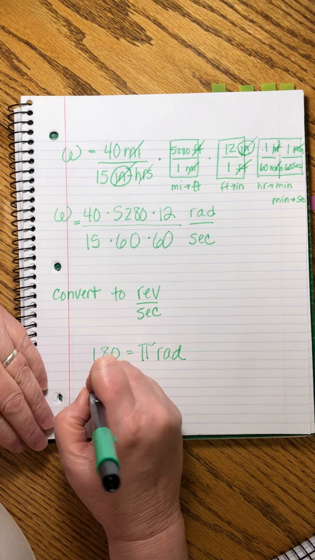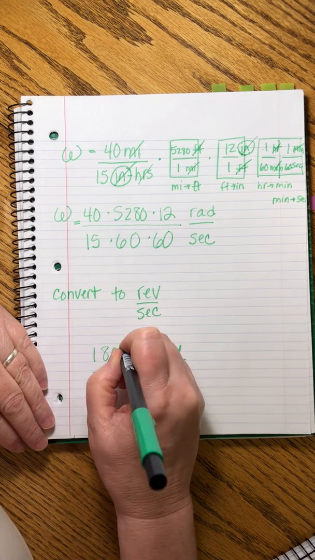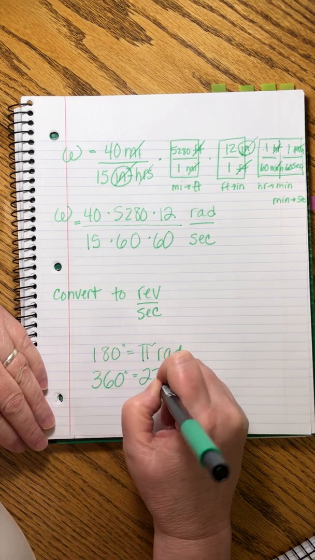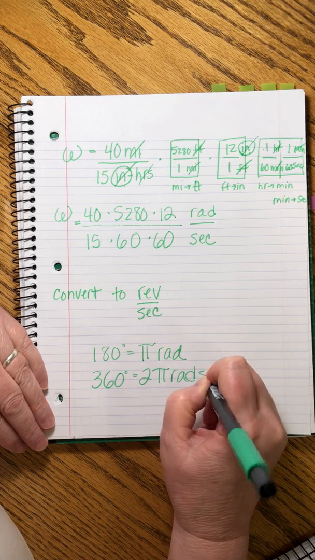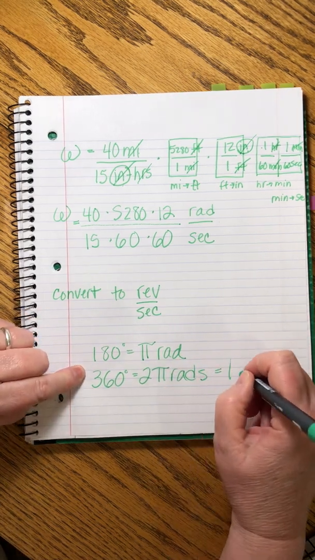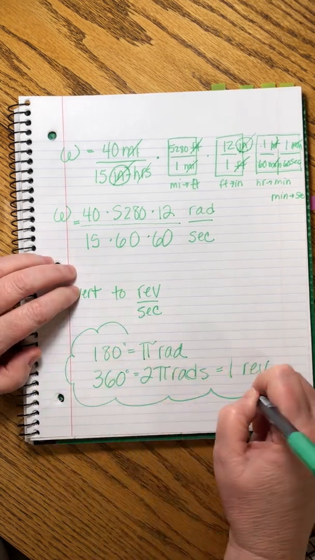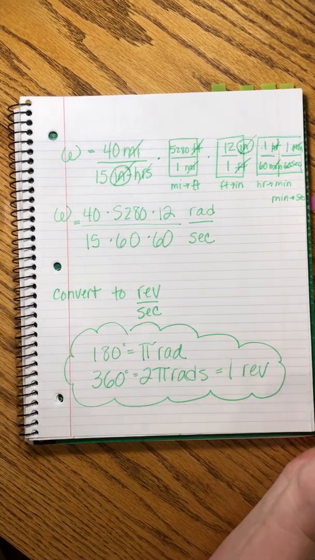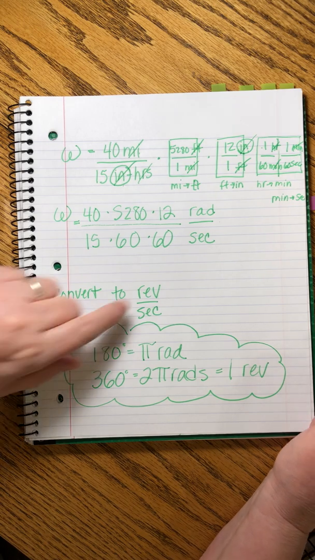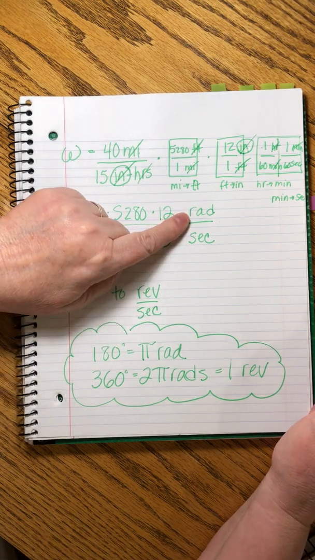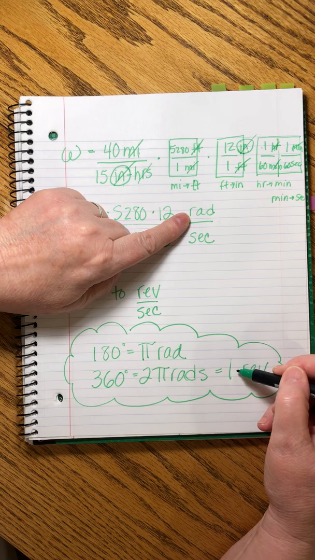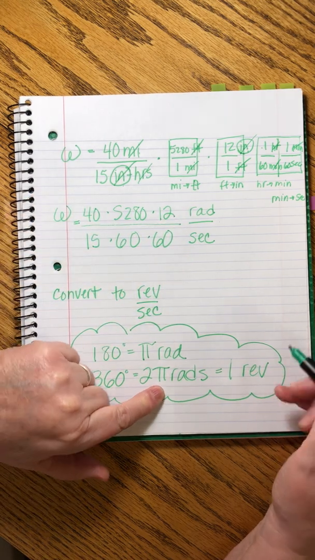So the full circle, which would be 360 degrees, is 2 pi rads. And 360 equals 1 full revolution. This is what I wrote on the first page, and I'm writing it again to help you. Okay, so if we've got this in radians and we want to convert it to revolutions, we know that 2 pi rads equals 1 revolution.